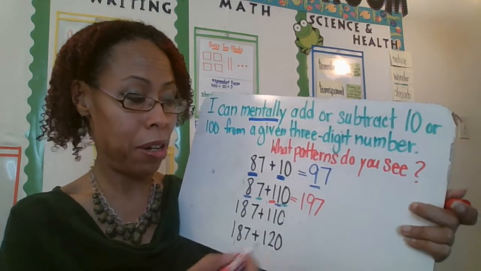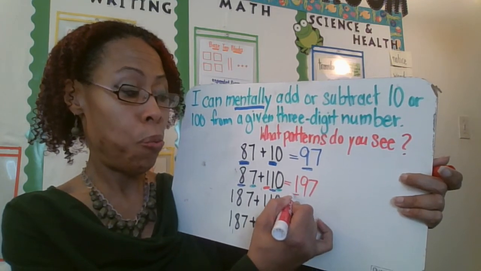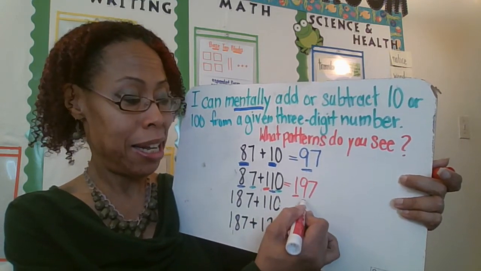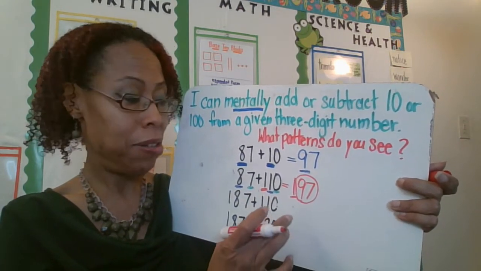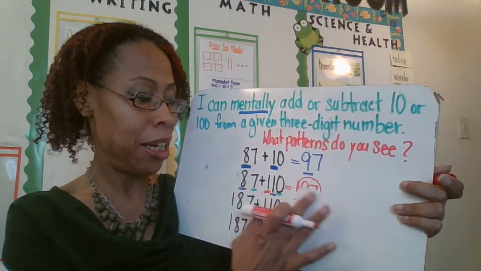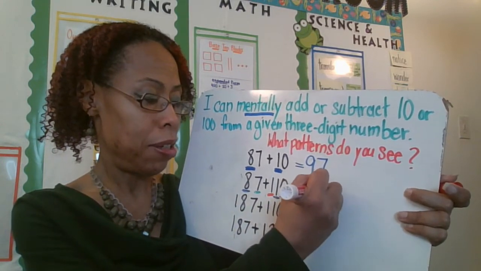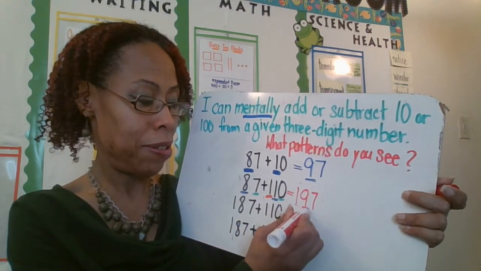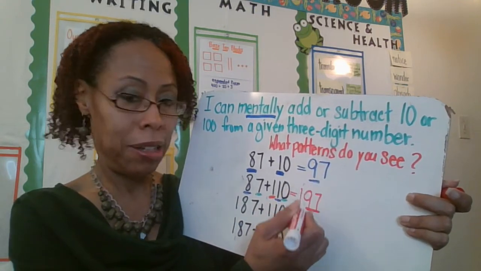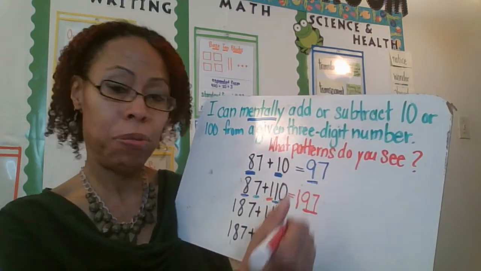Do you see a pattern? This is 97, and this is 197. Let's make this a little bit clearer. The pattern in both cases is the 97. But we just added 100 to this one.